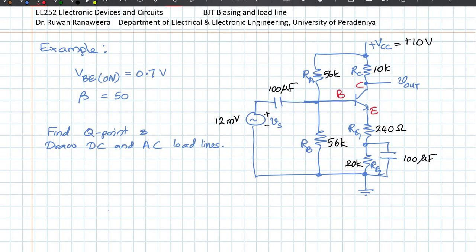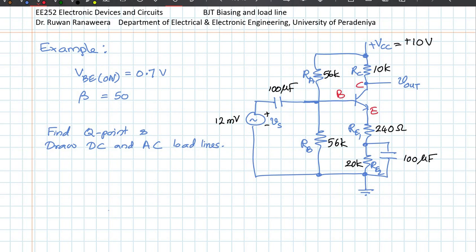So in this circuit you have the potential divider biasing, as you see here. The potential divider RA and RB basically divides the VCC, so that's the potential divider biasing. If you forget about this capacitor right now, you have an emitter resistor, which is the feedback resistor in the emitter, and the rest of it is pretty much the same.